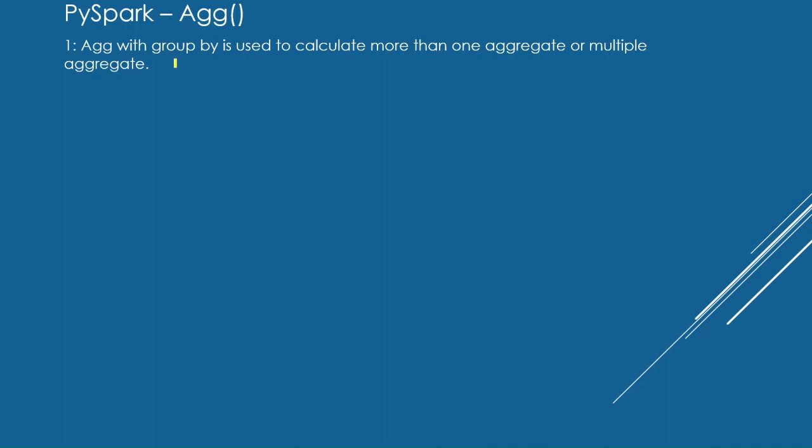To use the aggregate function, first we need to group by the data set based on a particular column, and on top of that we can do aggregate. So we can do aggregate once, or we can do aggregate multiple times on a single column. We will see how it looks when we do the exercise.